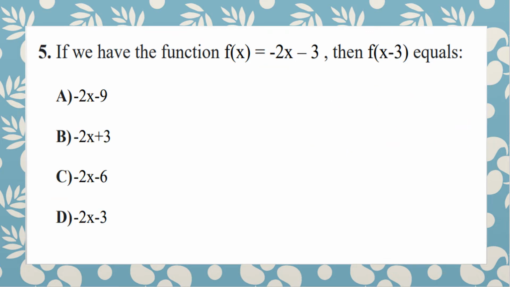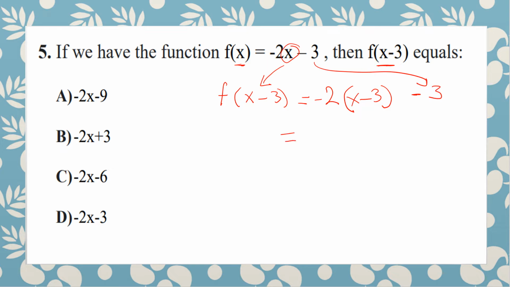Question 5. If we have the function f of x equals minus 2x minus 3, then f of x minus 3 equals, in these questions he would like you to substitute the value of x with x minus 3. So f of x minus 3 equals minus 2, and substituting the value of x with x minus 3, minus 3.